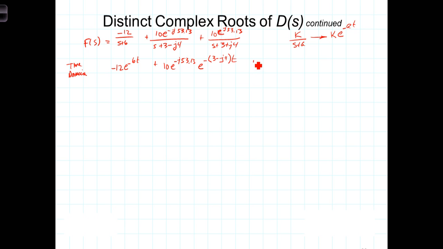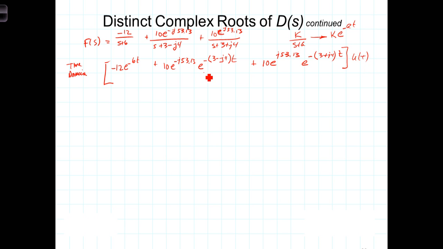And then we have the third term, plus k, which is 10 e to the positive j 53.13, e to the minus a. Well, in this case, a is 3 plus j4, e to the minus a t. And all of this then is multiplied by the unit step function to point out that, again, it's just starting at t equals 0.